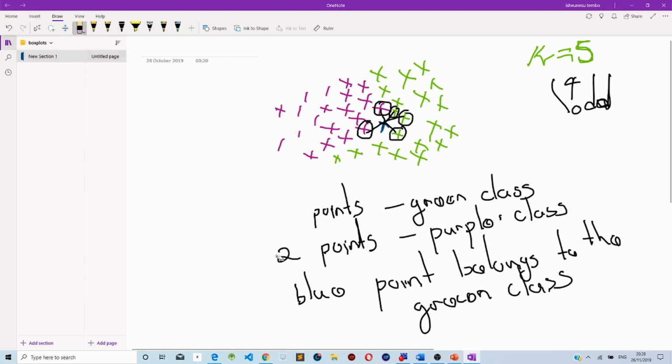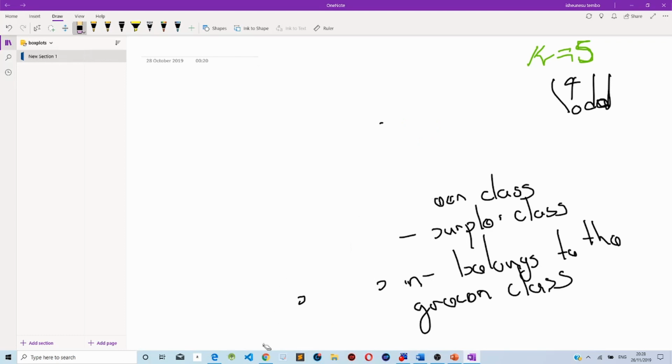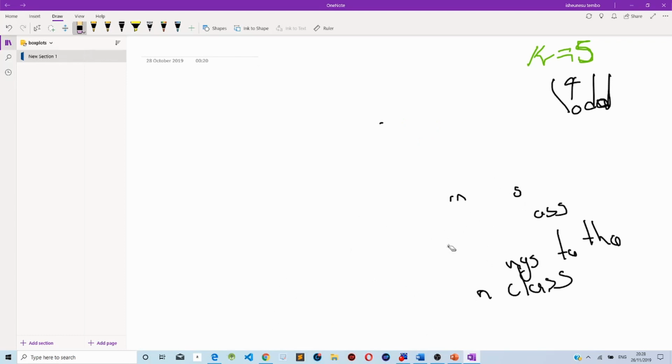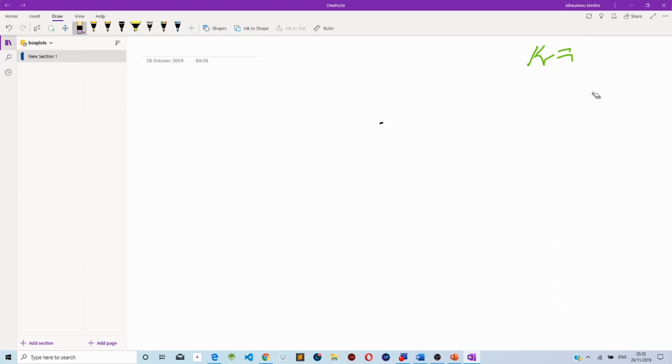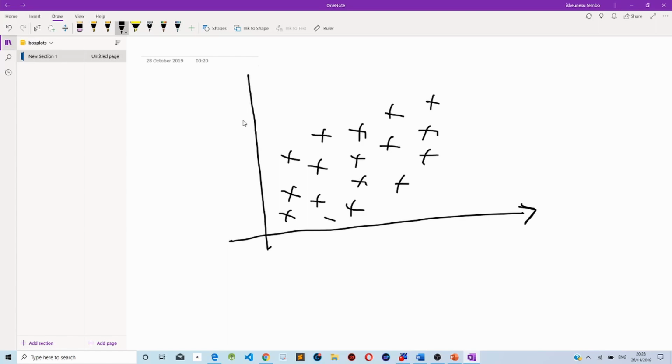Now let us take a look at k nearest neighbor in terms of a regression use case. In regression, the data points are from the same class, and we just want to calculate a continuous value.